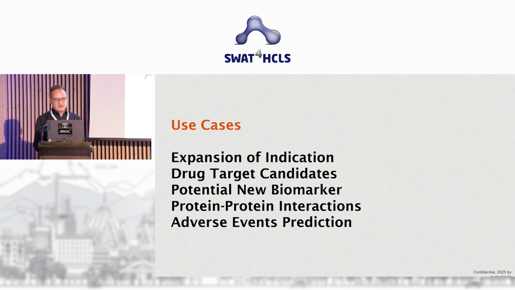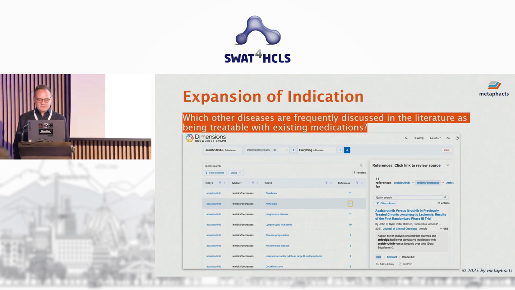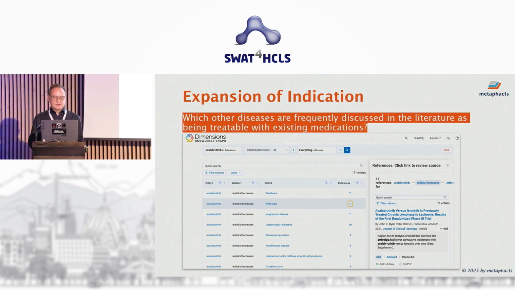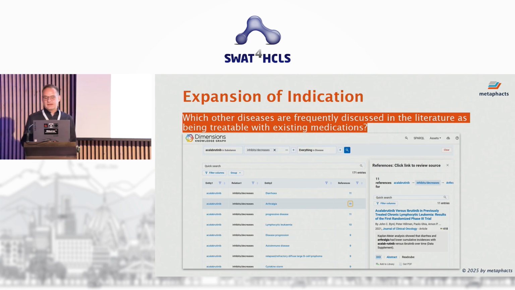And we think with this combination of language model and symbolic AI, we're able to come up with really great results. Here is one example of how that looks for expansion of indication. The competency question that we can answer here is: which other diseases are frequently discussed in literature as being treatable with an existing medication?